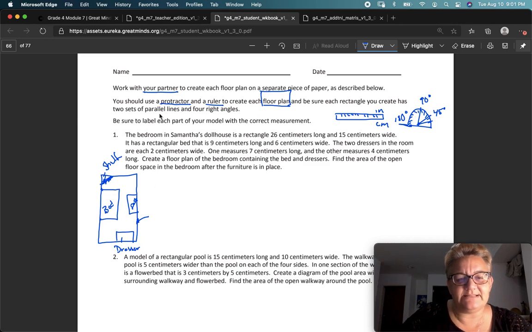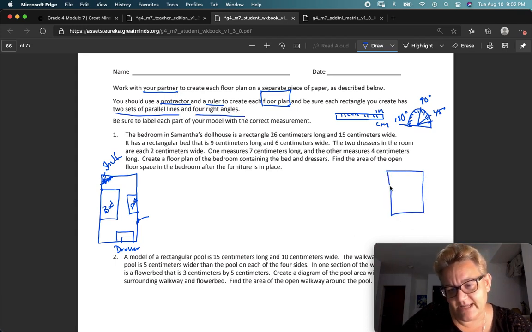A rectangle has to have two sets of parallel lines and 4 right angles. So every rectangle has to have 2 sets of parallel lines. This one and this one are the same, and this one and this one are the same. And it has to have 4 right angles, and I indicate a right angle by making a little square.